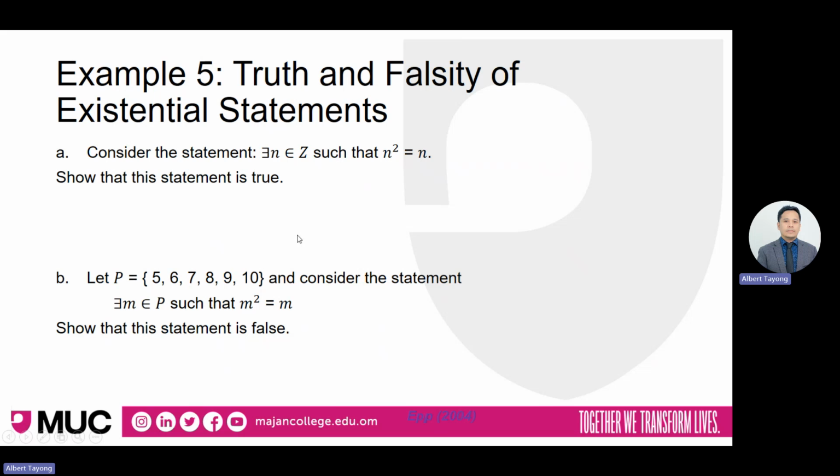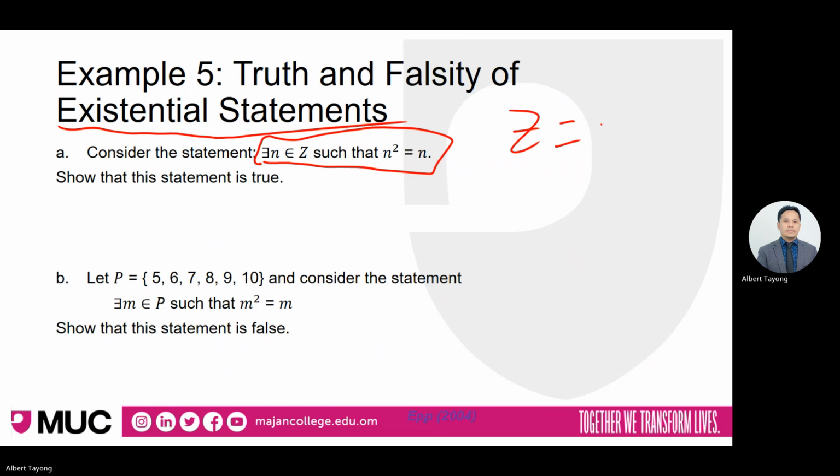All right, so let's proceed now to the truth and falsity of existential statements. Here, this one is a statement. Why? Because Z, we know what they are. Yes? -3, -2, -1, 0, 1, 2, 3, and all the negative numbers.